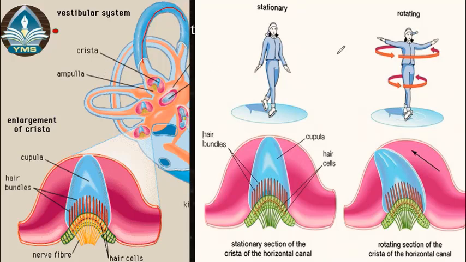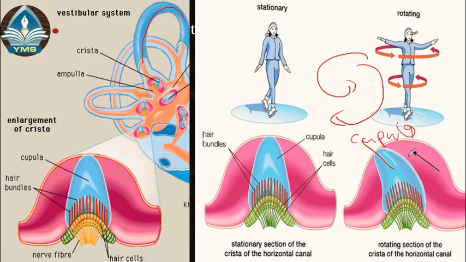When you turn your head, like you rotate your body left or right, now this endolymph is going to shake. It's going to cause the movement of this cupula. This is the cupula. Cupula is a gelatinous substance which covers the balance receptors, which are the hair cells. Now this cupula is going to move by the movement of the endolymph.